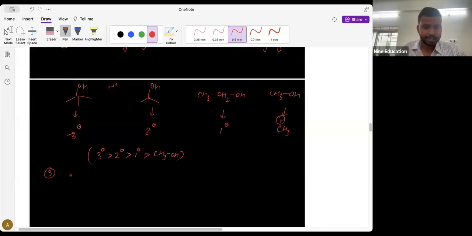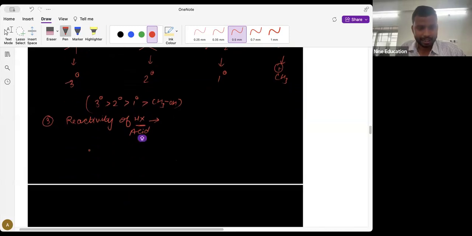Third point, let's see the reactivity of the acid. Which acid have we used? Let's say we use HI, HBr, HCl, and HF. Out of all these four acids, you know that HI will be more reactive because HI is a strong acid.